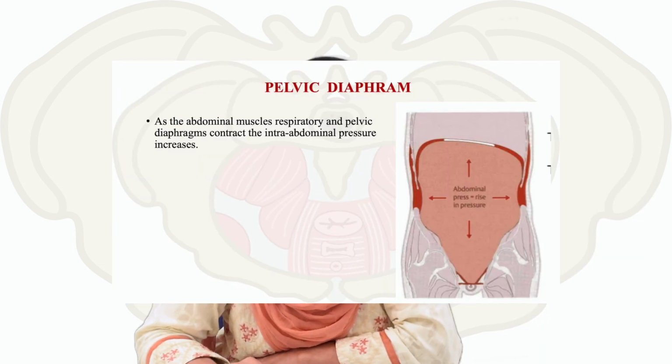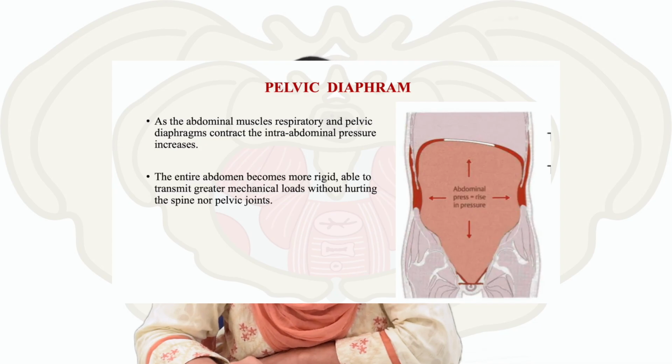As the abdominal muscles, respiratory and pelvic diaphragm contract, the intra-abdominal pressure increases and the entire abdomen becomes rigid. It's able to transmit greater mechanical loads without hurting the spine or the pelvic joints.